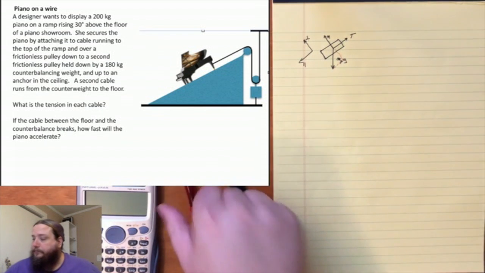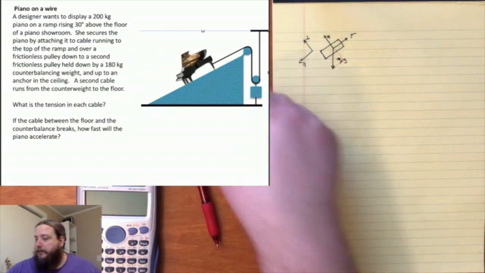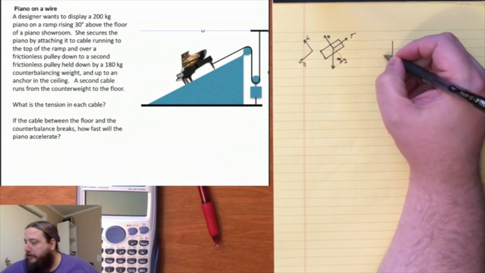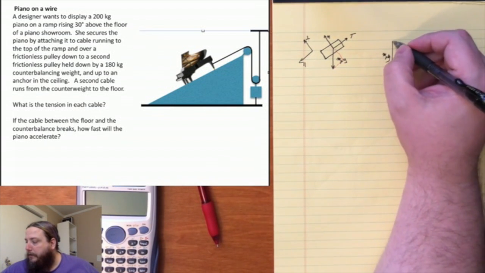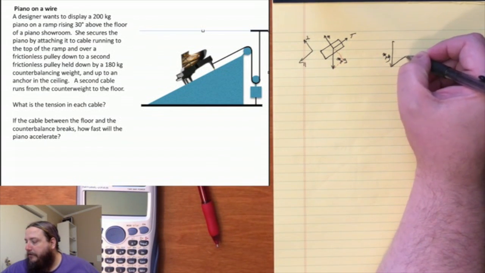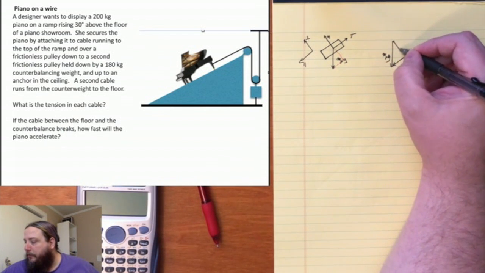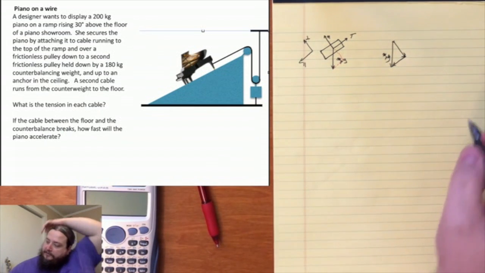So in this coordinate system, we need to break up our gravitational weight into parallel and perpendicular components. I'm going to draw that over here. Again, this is our weight. There will be a component of our weight going down and a component trying to go across.